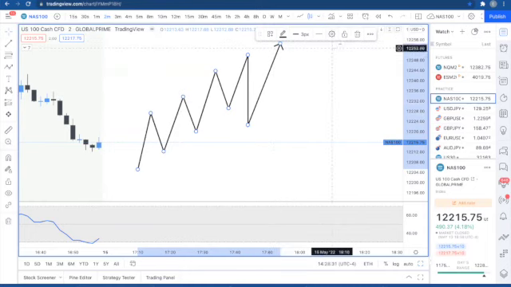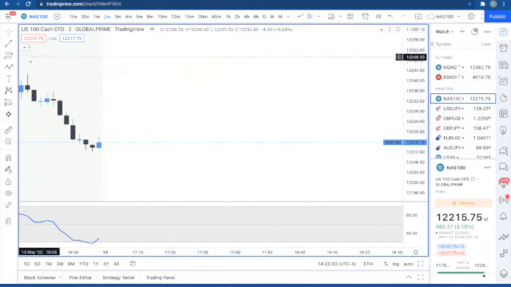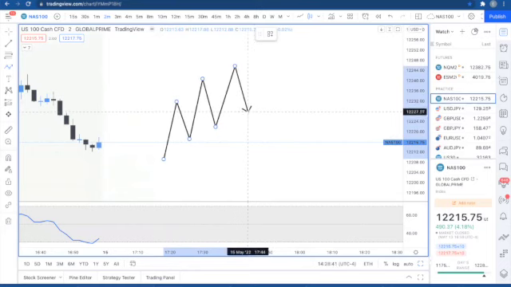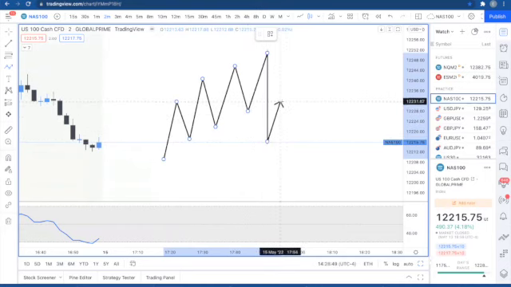All right, so for now, just understand that as long as these lows that are being created are protected, the market is showing you bullish momentum. The moment these lows are violated, then we can start looking for bearish opportunities.